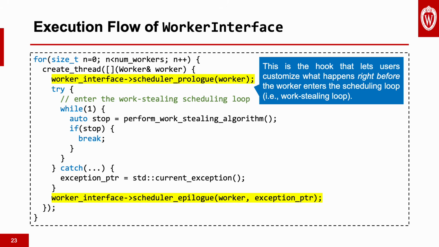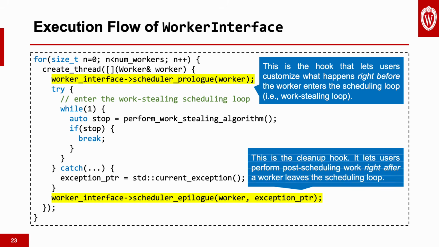If anything is thrown inside the scheduling loop, we capture the exception in the per-thread variable exception_ptr. Finally, when the loop exits, we call scheduler epilogue on the worker and the exception_ptr. So, scheduler epilogue is the cleanup hook. It lets the user perform post-scheduling work right after a worker leaves the scheduling loop.